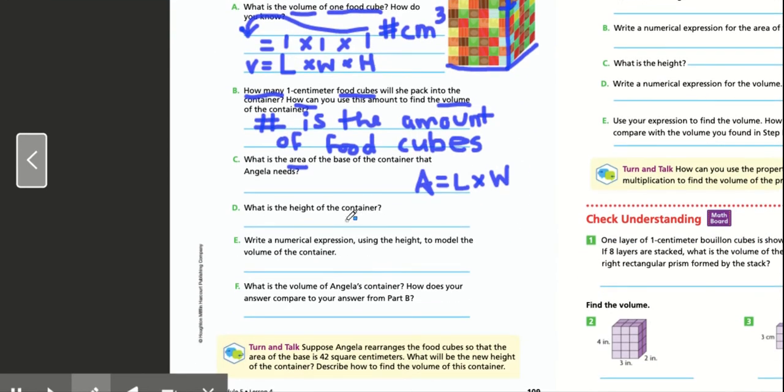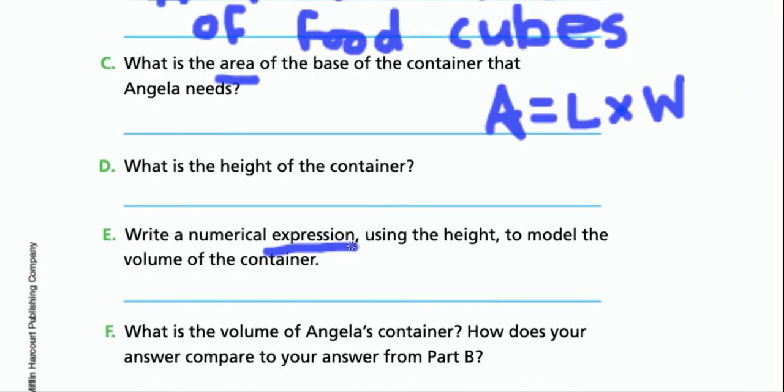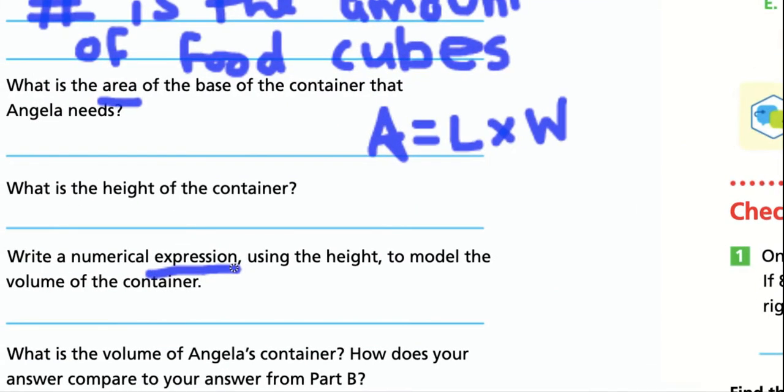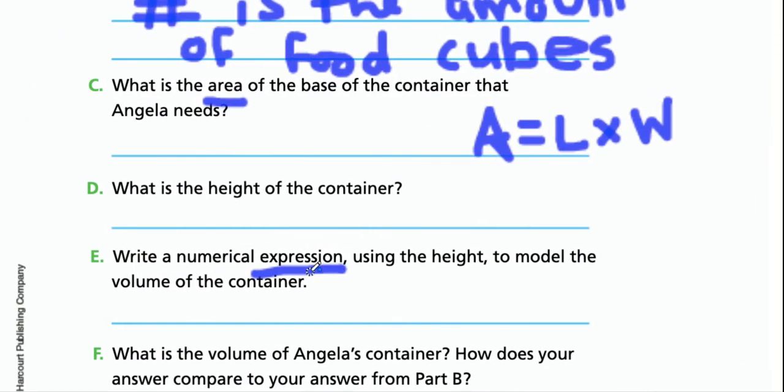That's part D. Part E says write a numerical expression, not equation, expression, using the height to model the volume of the container. You would obviously need the height and the area, or you could use the length and width individually.